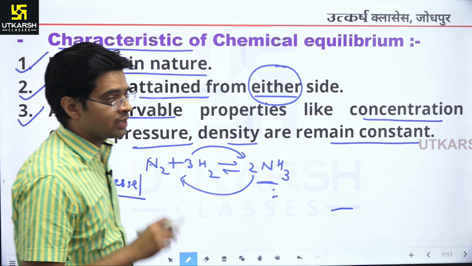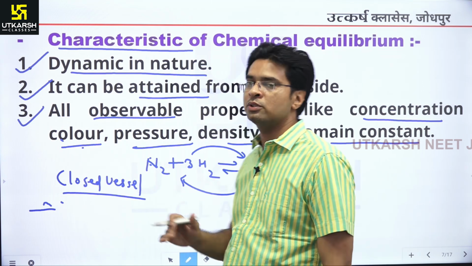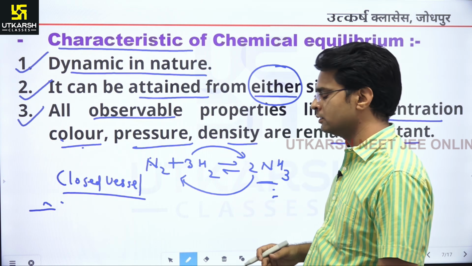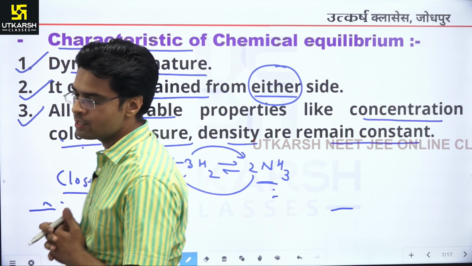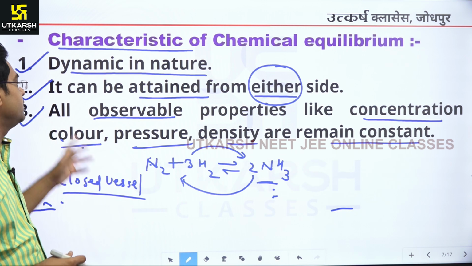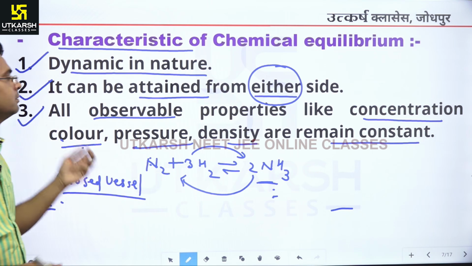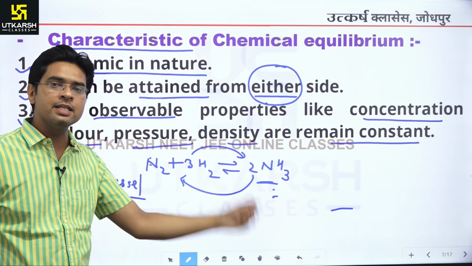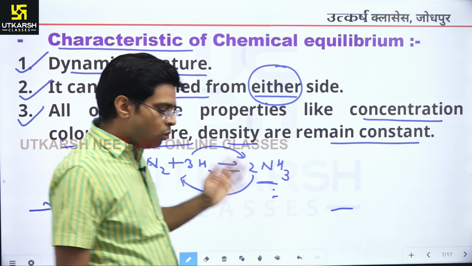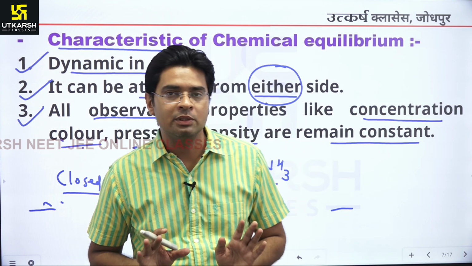In these characteristics, we explained the dynamic nature, which means the process continues after equilibrium is established. The second is that it can be obtained either from reactant or from product. And the third is that all observable properties like concentration, color, pressure, density remain constant. So dear students, I hope you understand what chemical equilibrium basically is.